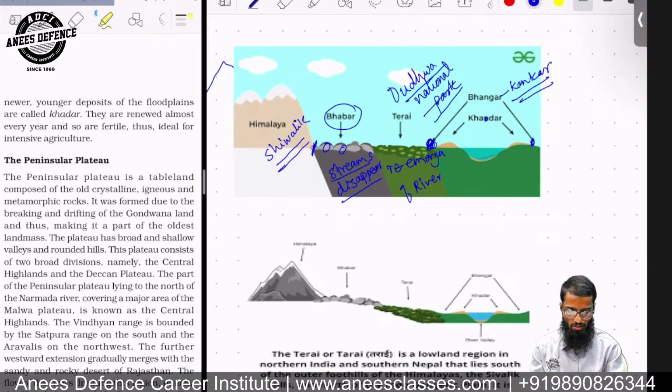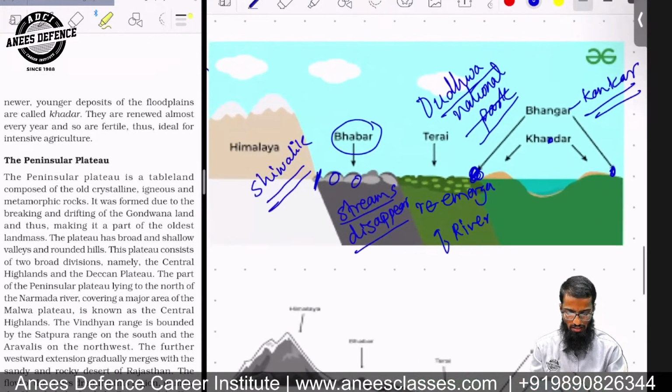So you need to understand this diagram well. You have Himalayas, these are actually Shivalik. Then next to Himalayas, you have Bhabar. Then you have streams disappearing. Then you have Tarai, and here you have re-emergence of rivers.